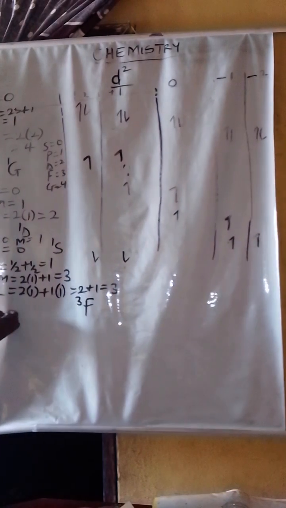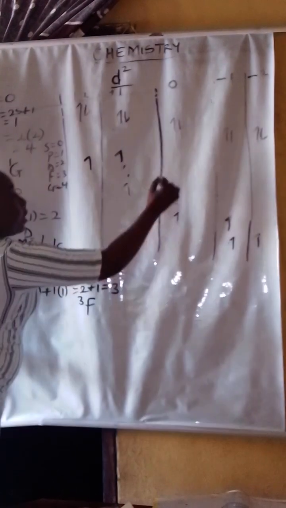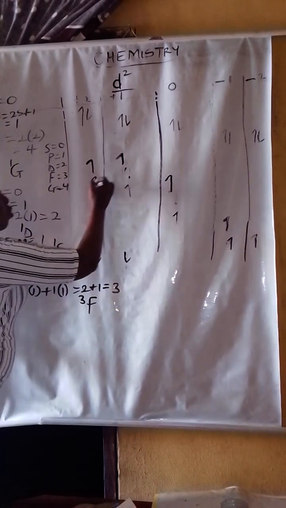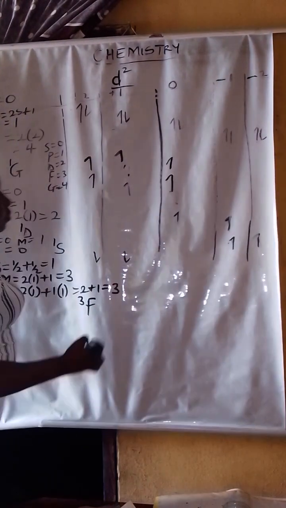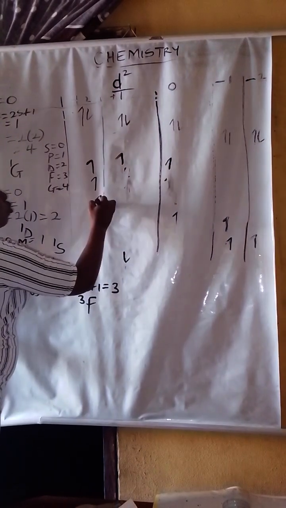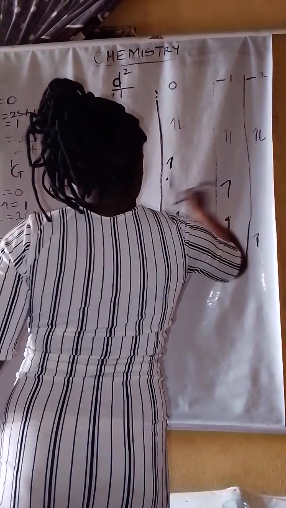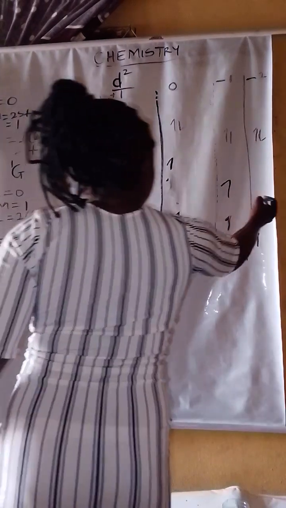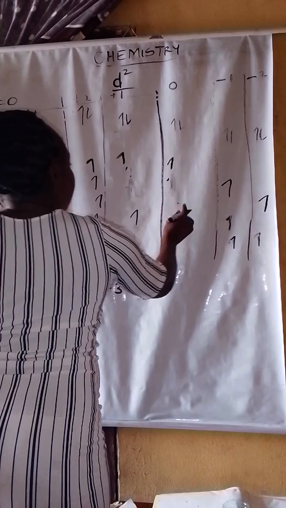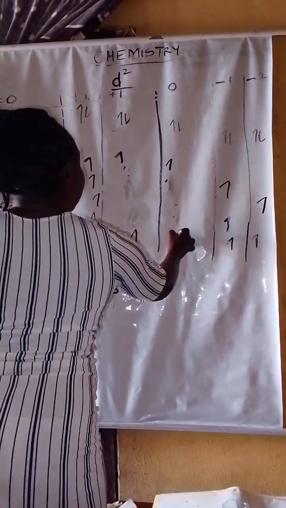The next one is 1 and 0. When S is depending on here, we can decide to have it. We can decide to have 2 and 0. We can still decide to have 2 and minus 1, 2 and minus 2. Can you see? Yeah, we can have 1 and 1.